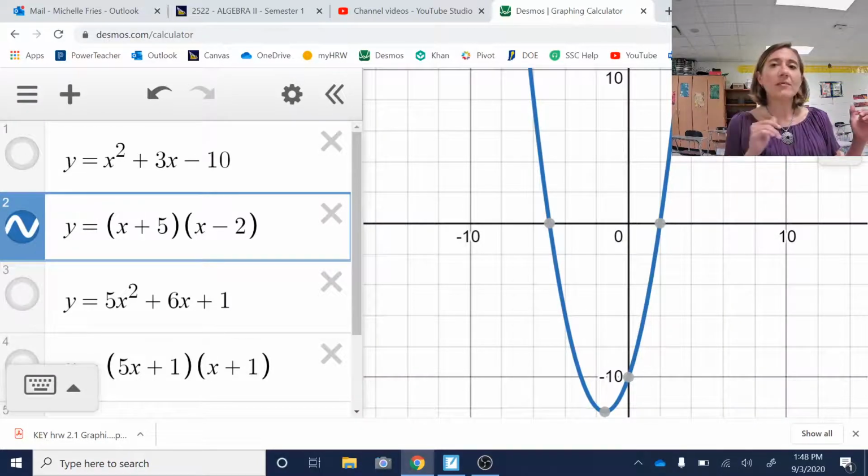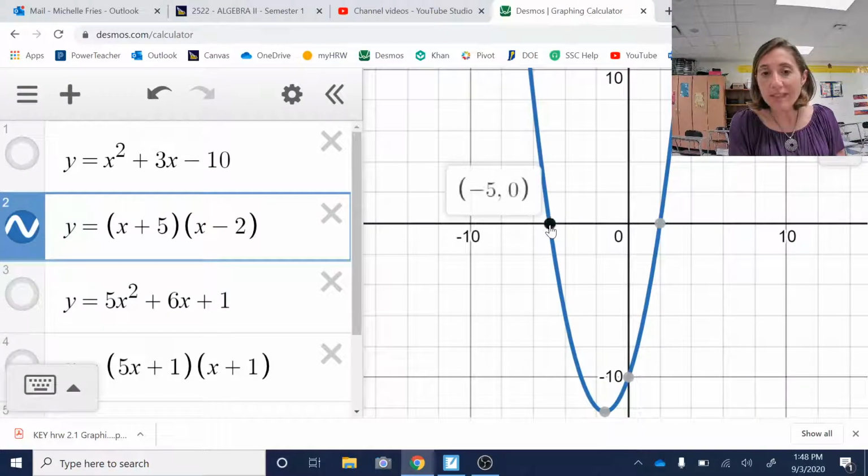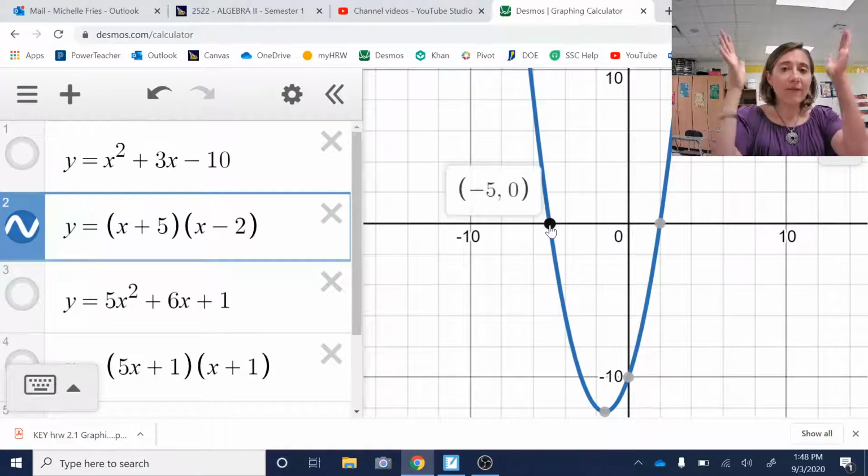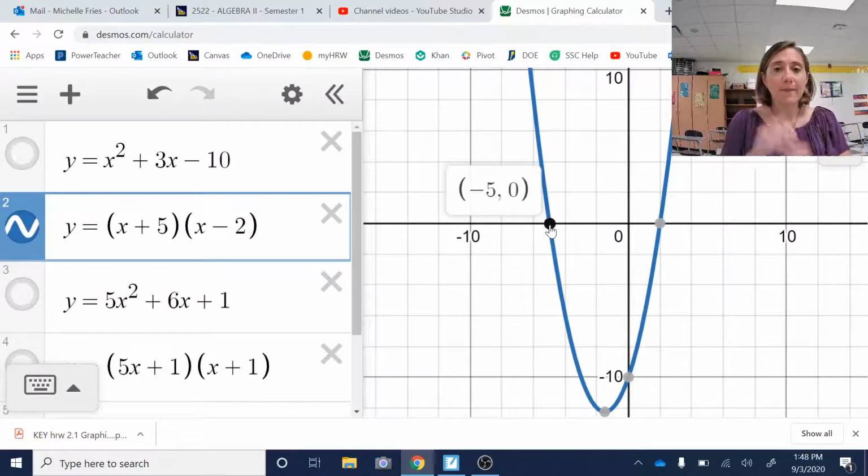Remember how when we talked about transformations, we talked about x minus h? Well, if you rewrote that x plus 5 as x minus a -5, the -5 is telling you what this other root is here. So there's a connection between the graph and finding the x-intercepts, okay?